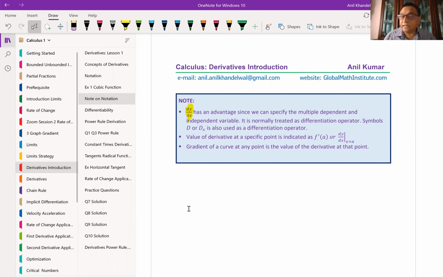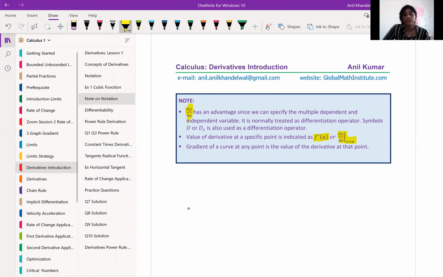In that case, it makes sense to clearly write down what we are differentiating with respect to. But in single variable calculus, which is our main objective at present, it doesn't make much difference. So for convenience, we use the prime notation rather than dy dx most of the time. But dy dx is a preferred notation. Sometimes we also use capital D or capital Dx to represent the derivative of a function, so we will be using that sometimes.